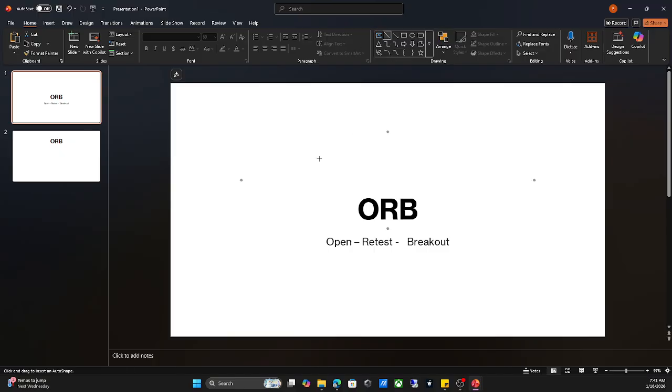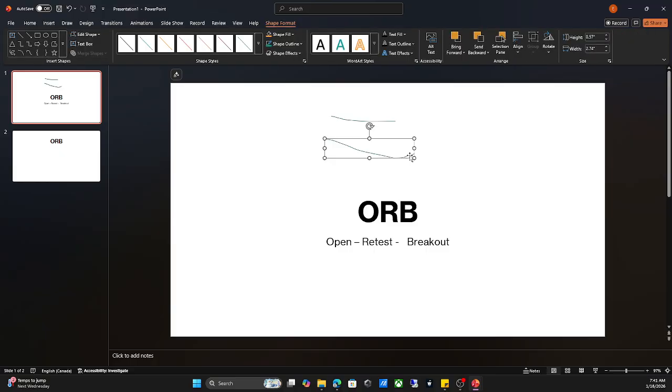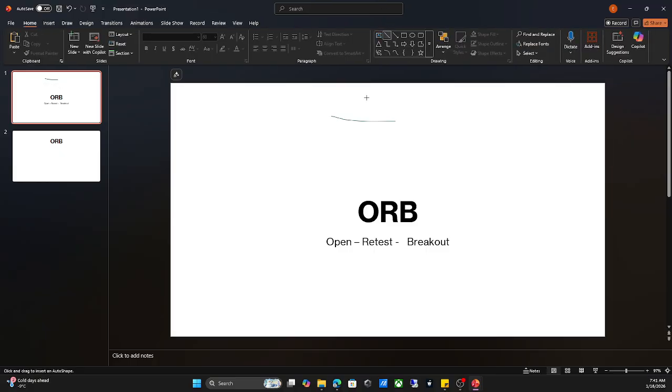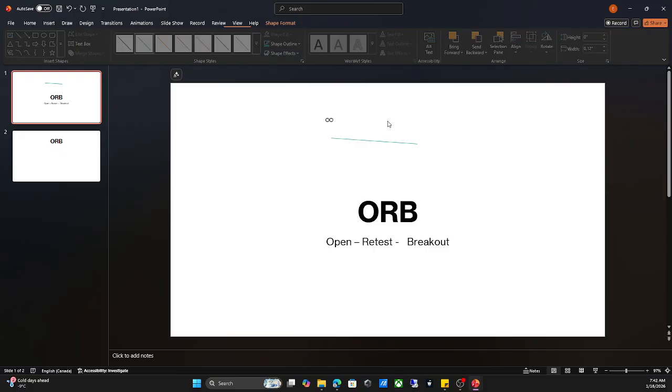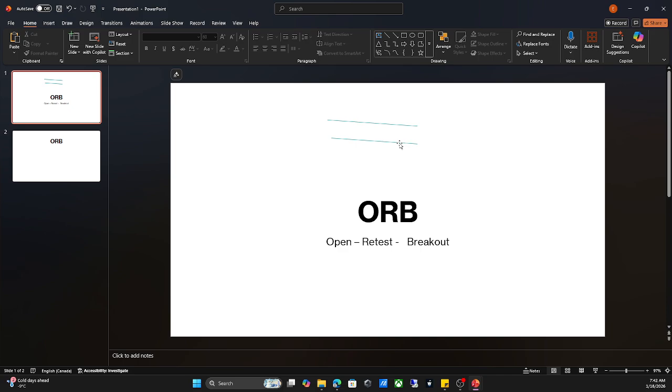All right, here. Let's assume this is the line. Not the perfect one, so I'll do it again. Straight line. Yeah, that is better.